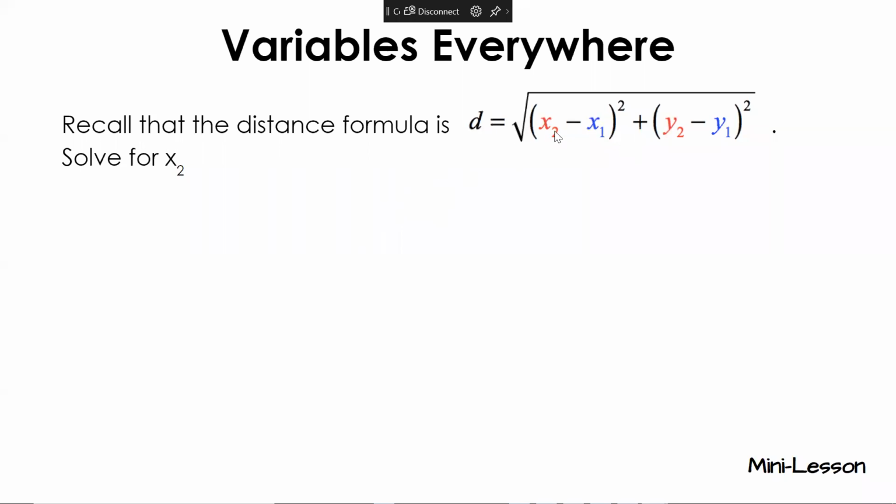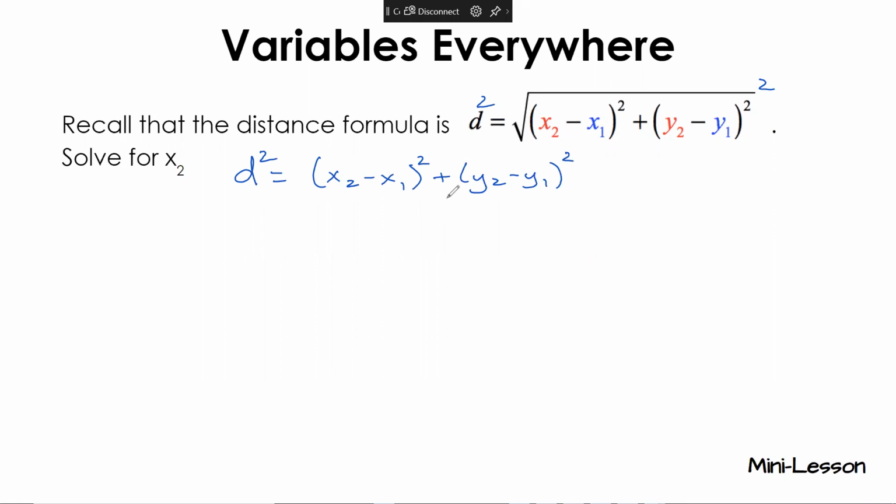All right, so we want to get this X sub 2 by itself. It's underneath this radical. So the first thing we've got to do is square both sides. That's going to give me b squared equals X sub 2 minus X sub 1 squared plus Y sub 2 minus Y sub 1 squared.